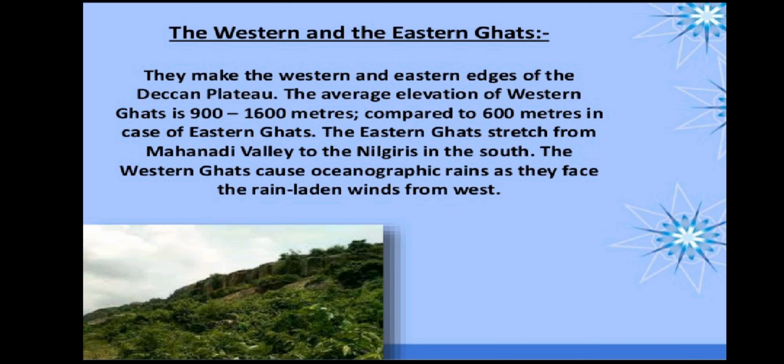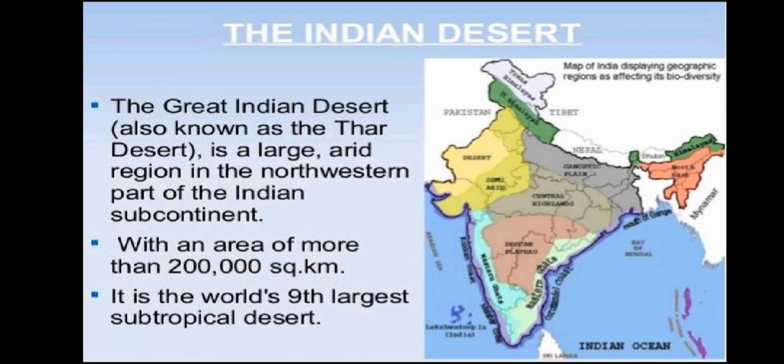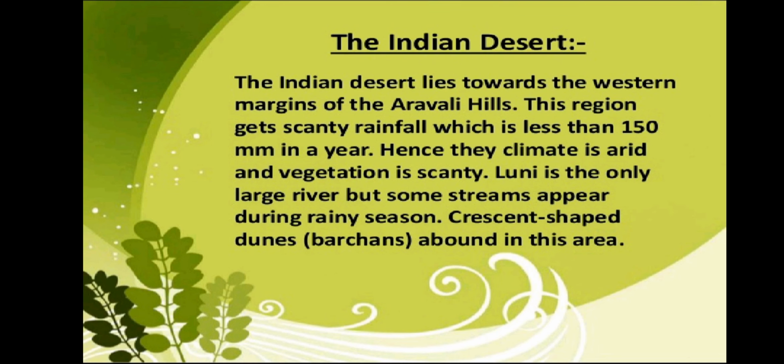Then we discussed the Great Indian Desert: what is the area, what is the extension, what is the position, meaning the world's 9th largest subtropical desert is here. After that, we discussed the sand dunes, how much rainfall there is, and why it is called an arid zone. Luni is the only large river.